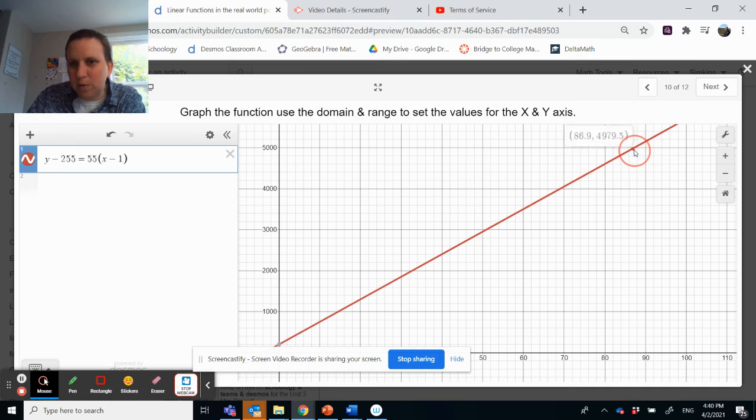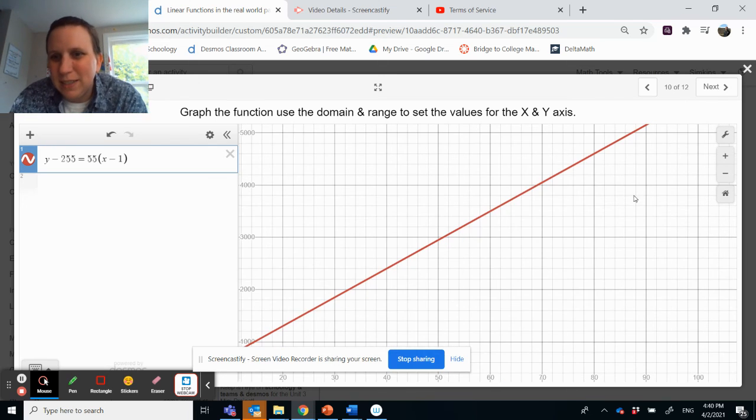I can do this thing where I'm just going to drag it until that y coordinate is exactly 5,000. I can't quite get it. I can get 5,007, like 87.3. Oh, okay. Maybe if I zoom in a little here.